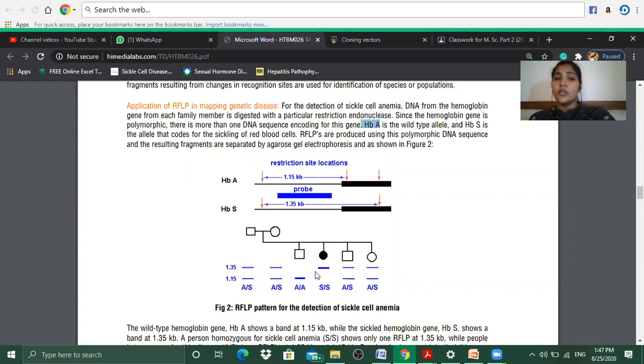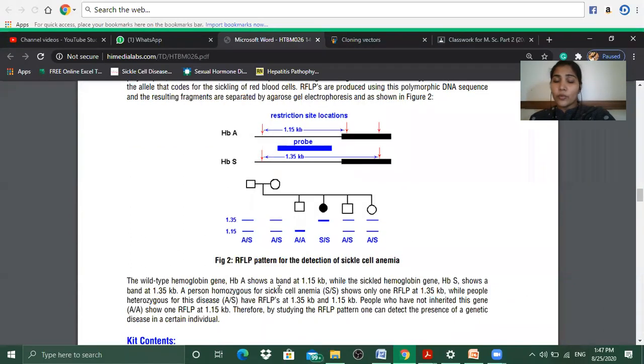So the wild type hemoglobin gene, that is HbA, shows a band at 1.15 kilobase pairs, while the sickled hemoglobin gene, that is HbS, shows a band at 1.35 kilobase pairs.